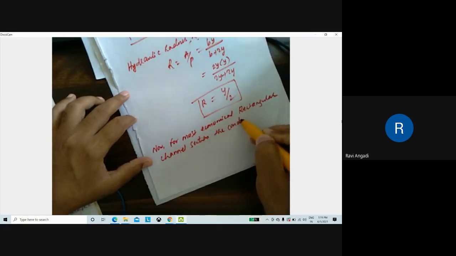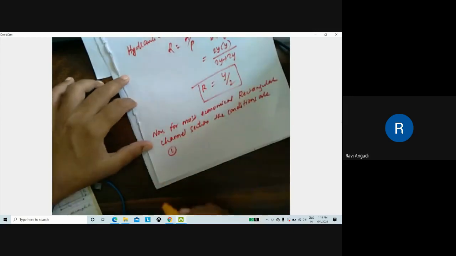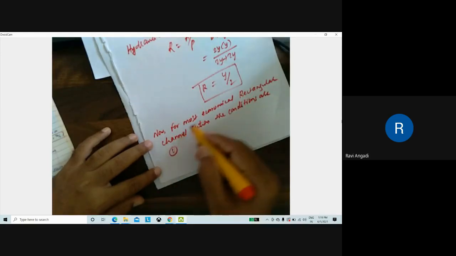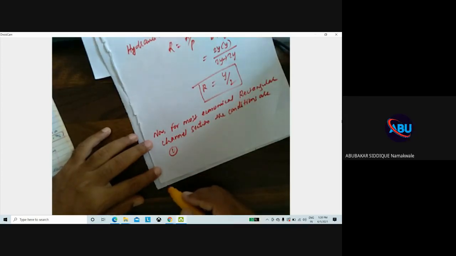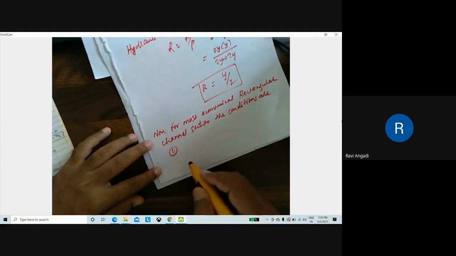Tell me, what is the first condition? When you're saying the rectangular channel section is most economical, what is the first condition? Cost of the construction should be minimum. That is the condition. So you already derived the conditions. What are the conditions? Tell me first.